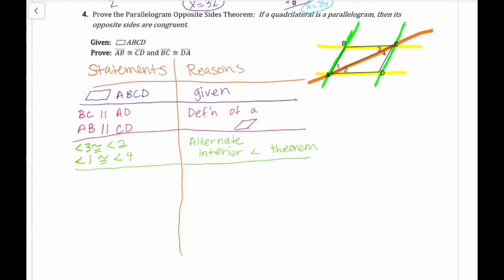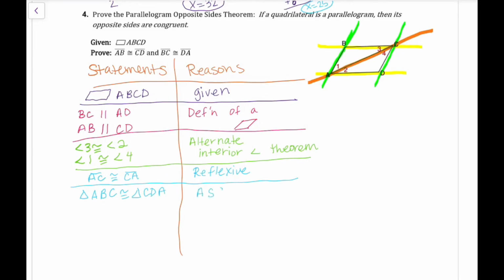So now we've got two angles that are the same. We want to show that the middle part is the same. AC is congruent to CA by the reflexive property. Now we can show that triangle ABC is congruent to triangle CDA, and the reason for that is angle side angle.